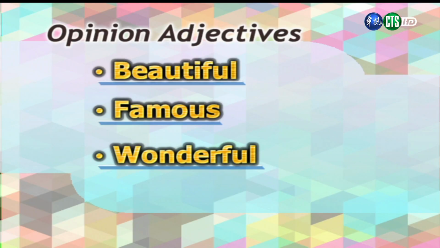So now opinion adjectives are words such as beautiful, famous, or wonderful. 看法形容词用来表达个人的观点，例如美丽的、有名的，或者是美妙的。Now, these words all indicate qualities that people can easily disagree about. 这些通常都是主观的看法，人们可能会对一件事物有不同的观感。And so, for example, different people can have different opinions about who is beautiful.